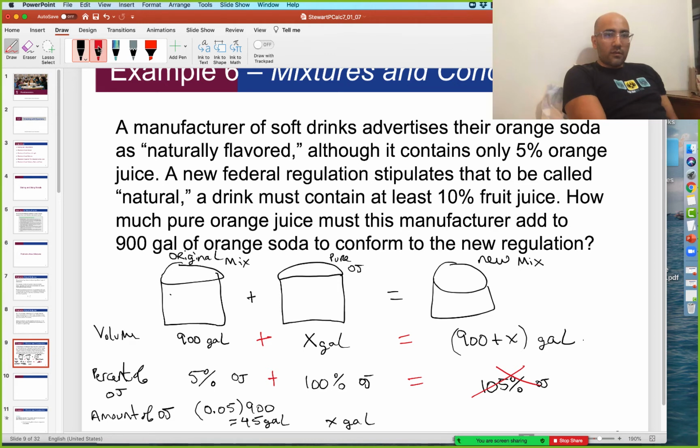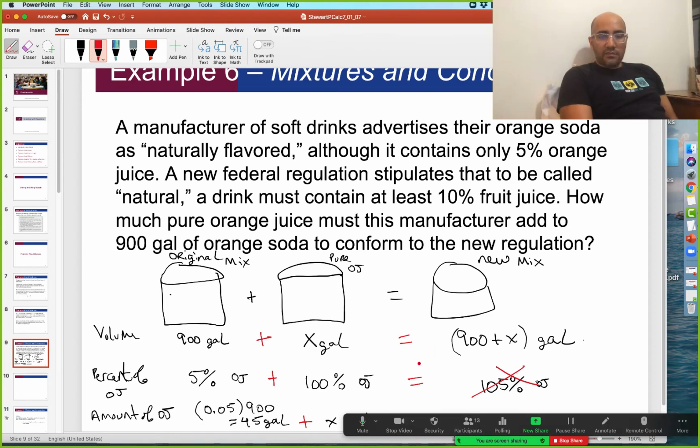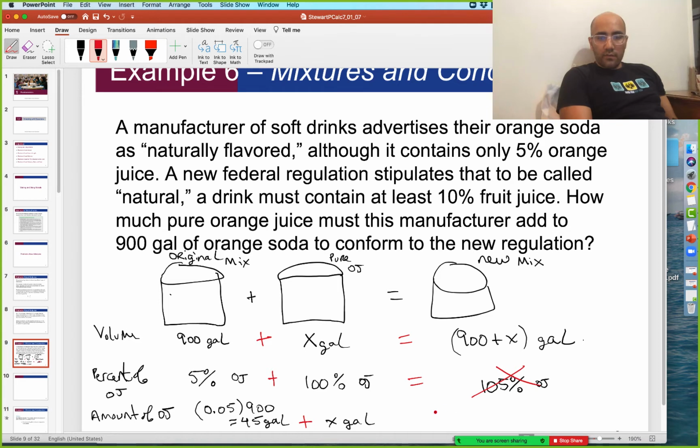The conservation of pure orange juice tells us that 45 gallons of orange juice in the original mixture plus X gallons of pure orange juice here, together they do give you what we'd expect of X plus 45 gallons of pure orange juice. Good? Questions, questions, questions?